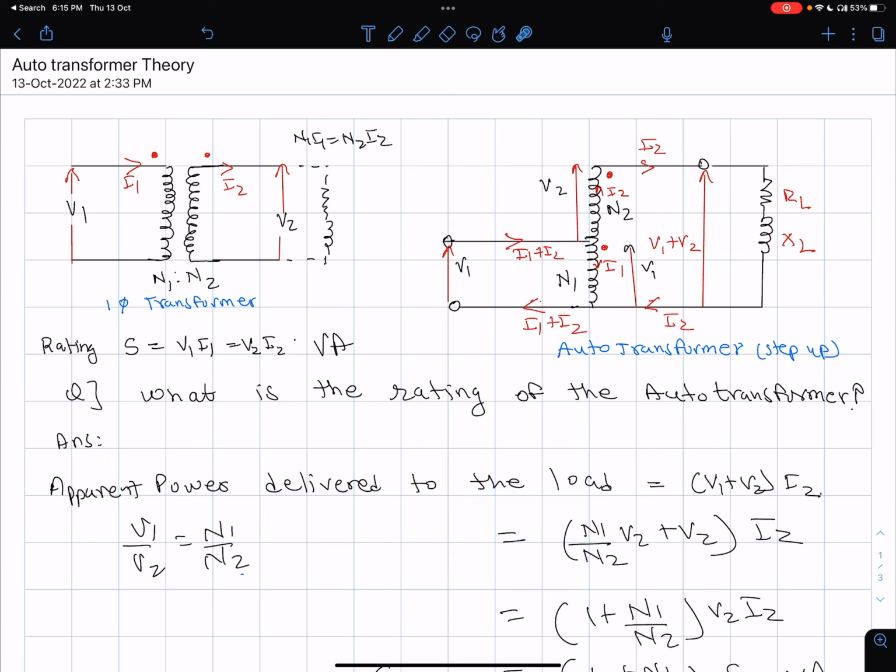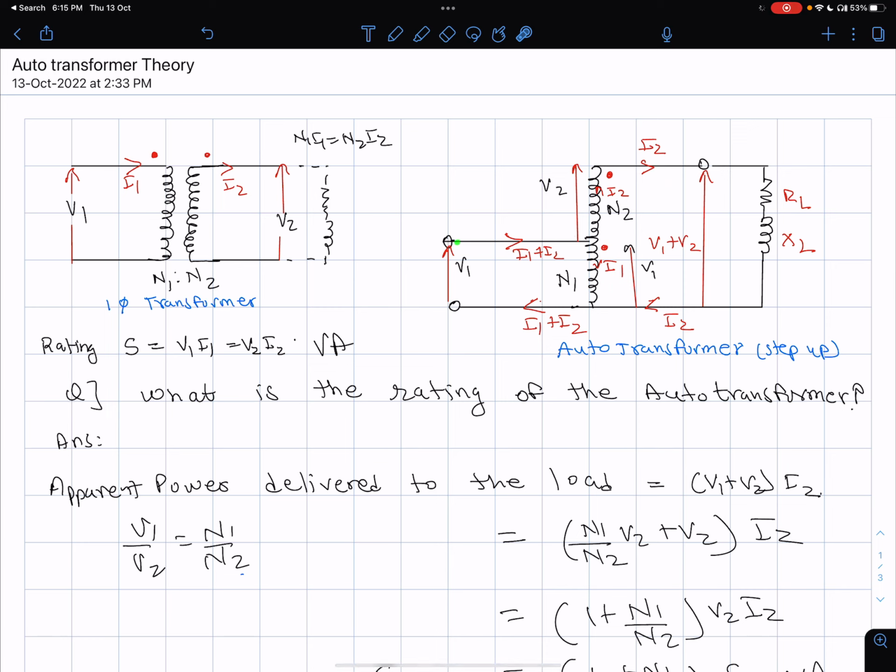If I am drawing the current I2 out from the secondary side of the transformer, then the MMF balance principle says that the I1 current should flow into the primary winding. So the I1 current is flowing like this into the primary in the dotted terminal, and from the secondary I2 is coming out, and therefore this has a magnetizing effect, this has the demagnetizing effect, and the MMF balance is held.